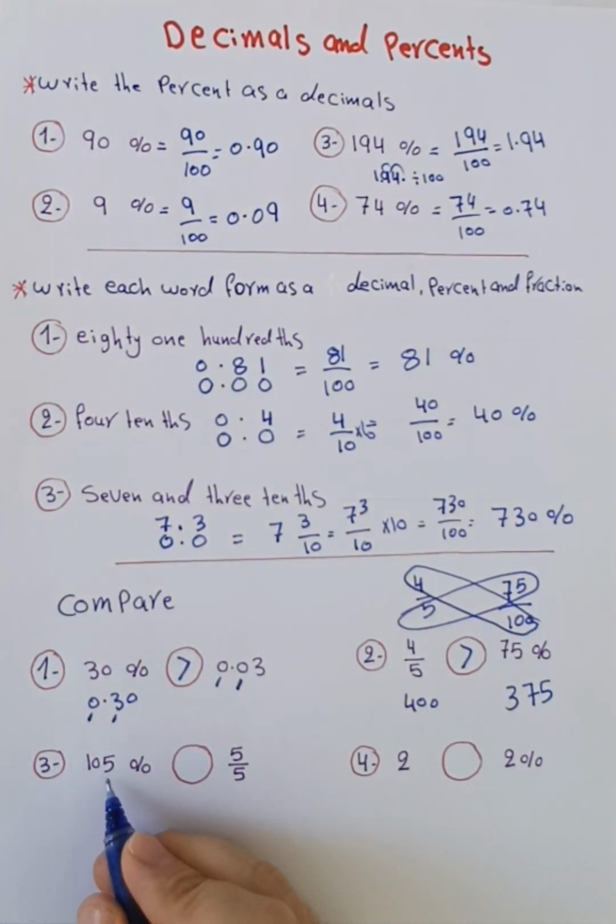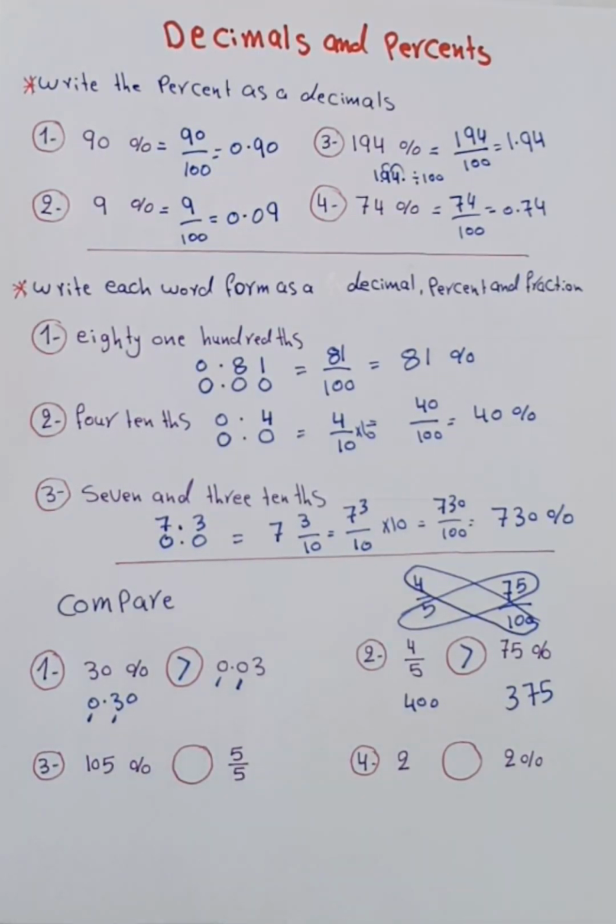Example number 3, we have 105% and 5 out of 5.